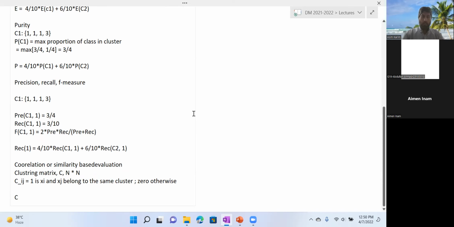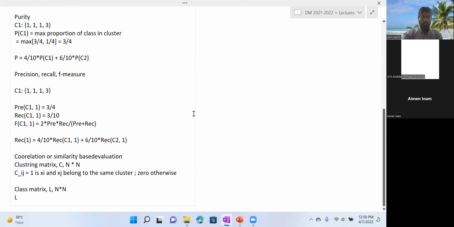So in addition to that, we have the class matrix. Let me call this L. This is also an n by n matrix. So Lij is 1 if xi and xj belong to the same class in the labeled data set.